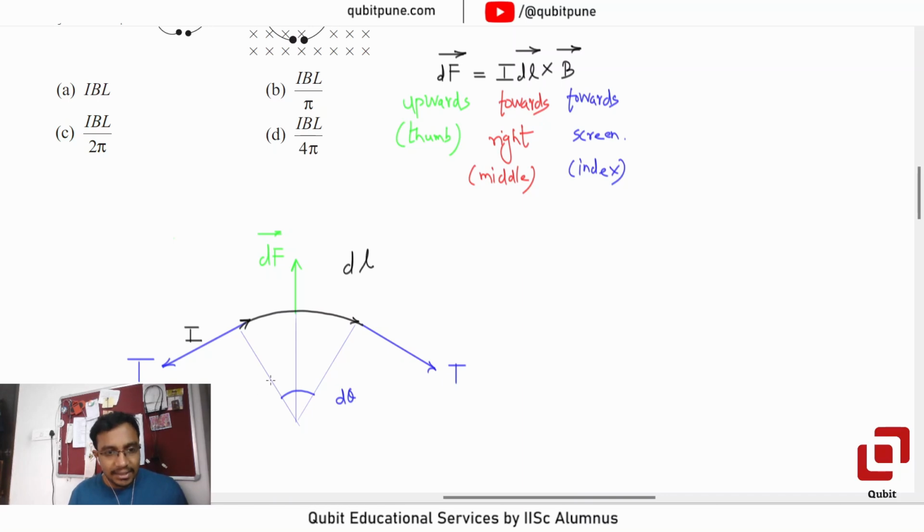So can I say that this angle is d theta by 2? Yes, I can say that that angle is d theta by 2.